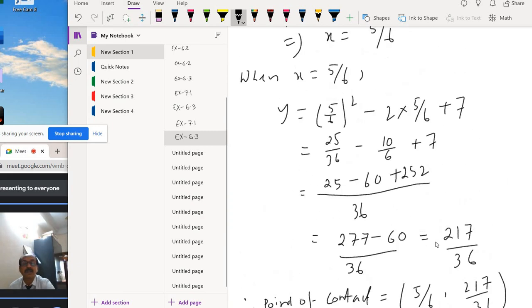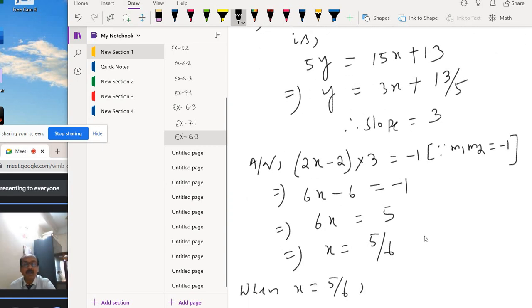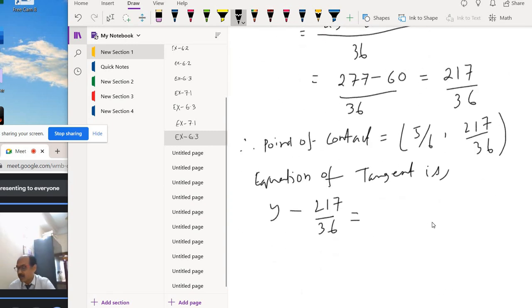So the slope is 3, so the perpendicular slope is minus 1 by 3. Perpendicular line, so minus 1 by 3, into x minus 5 by 6. It is clear?